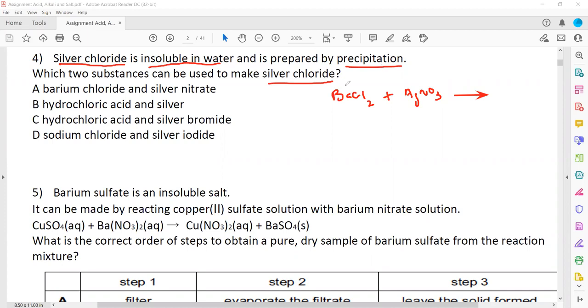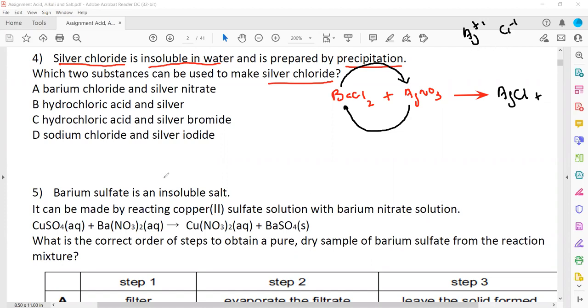The barium will take possession of the nitrate and silver will take possession of the chloride. So as a result, what will they form? They will form silver chloride. Silver is plus 1 and chlorine is group 7, minus 1. So silver chloride will be AgCl, plus barium nitrate.